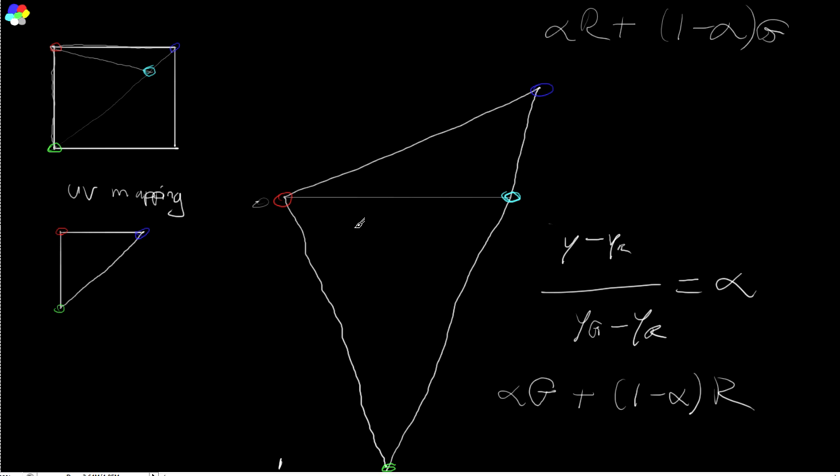Now there's one more thing. We could use this formula and calculate the texture coordinate for every point along this line, but what we're going to do is something a little different.